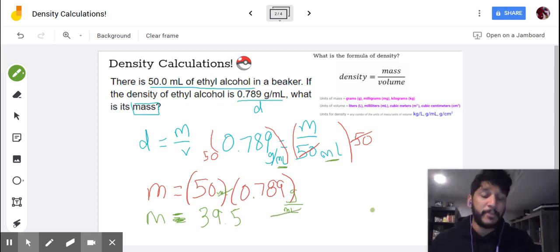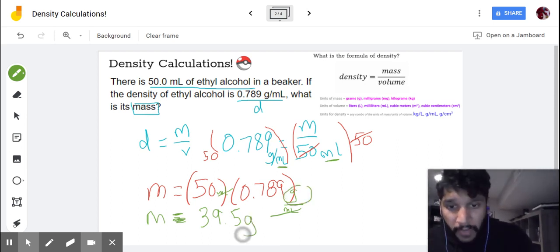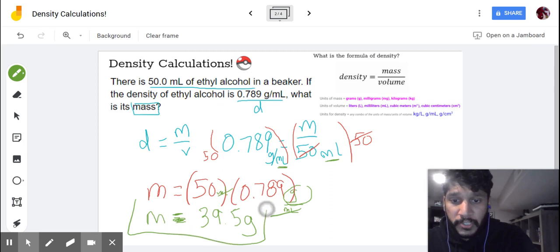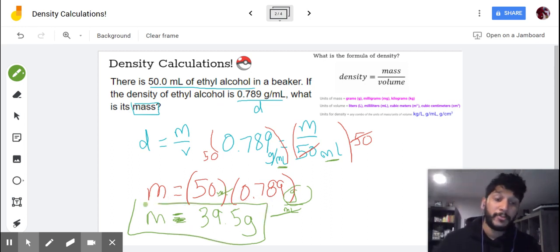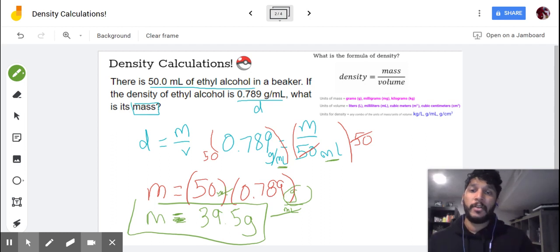When that happens, we can cancel those units out, and we're left with just g. So we're left with 39.5 g as our unit. So 39.5 grams, which makes sense because grams is a unit for mass. So our mass for this ethyl alcohol is 39.5 grams.